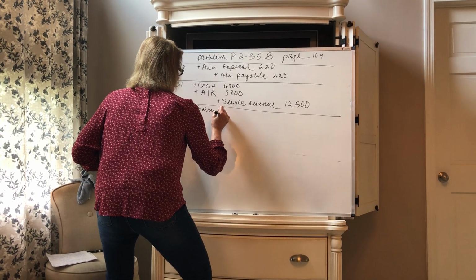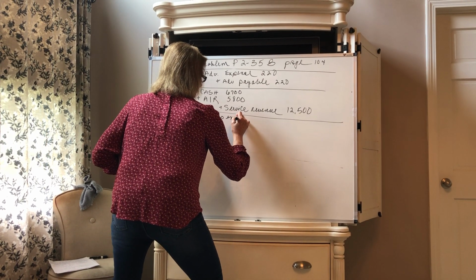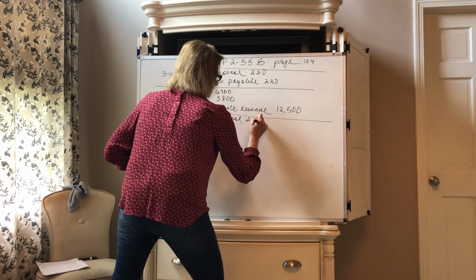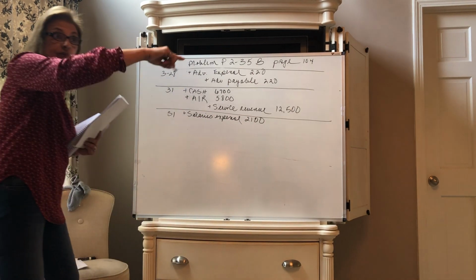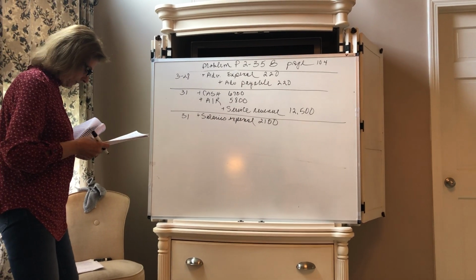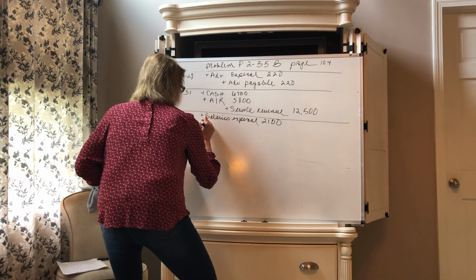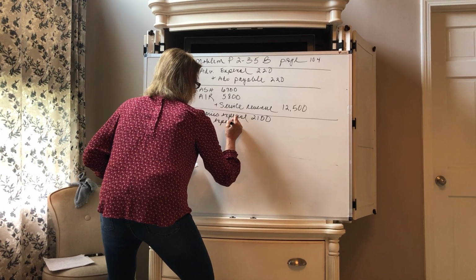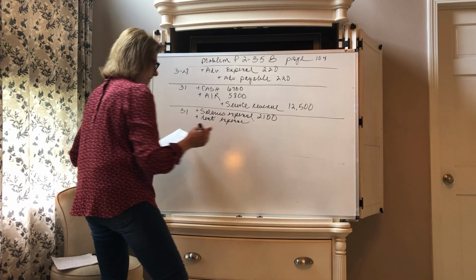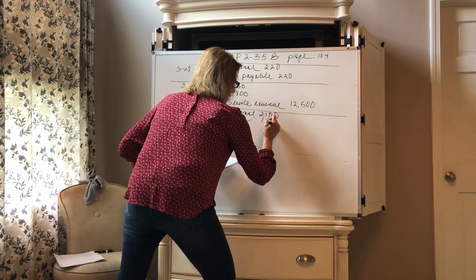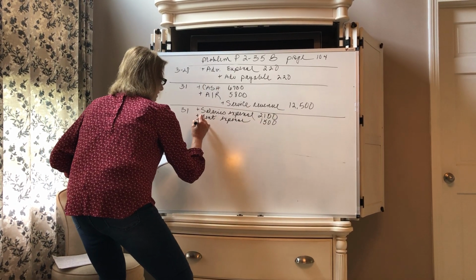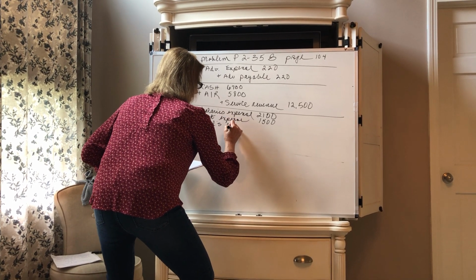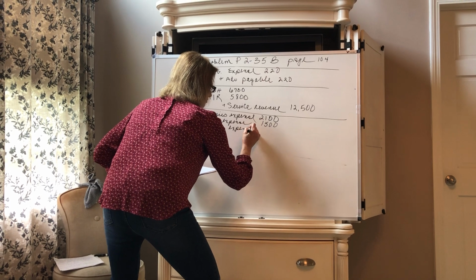Salaries expense is first, and that amount is $2,100. Very similar to what we had in chapter 1. Rent expense is second. Again, expenses always debited, always increasing. $1,500. And then the last one was utilities, and that one I believe was $350.